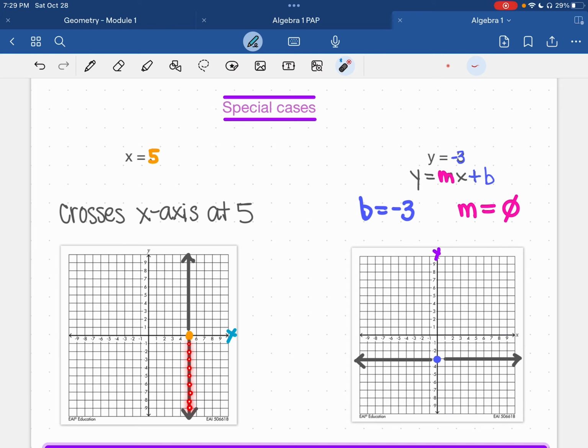For this one, we want all of our y values to equal -3. So this one, we could say that it crosses the y-axis at -3. And we're using that -3 because it was my beginning point and because it was the point that was given.